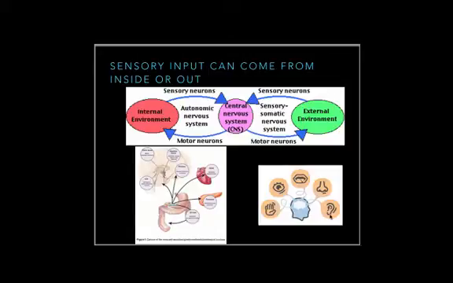So things you hear, smell, taste, see, touch would be examples of external environment. And then the central nervous system, which is processing that information, the next step will be that the pathway of the motor neurons is going to leave the central nervous system and go to some effector that will respond to the external stimulus.